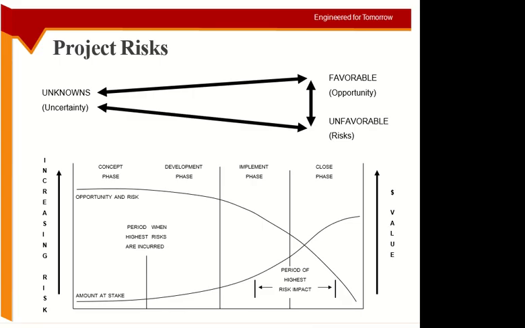Why? Because at the initial stage, I don't have full knowledge about the project, the site, the person, the team, the methods, the labor, the material. As you go along the project, your knowledge increases, so the chances of anything uncertain decreases. At the initial stages, you have not started the work, so there are many things which are uncertain.